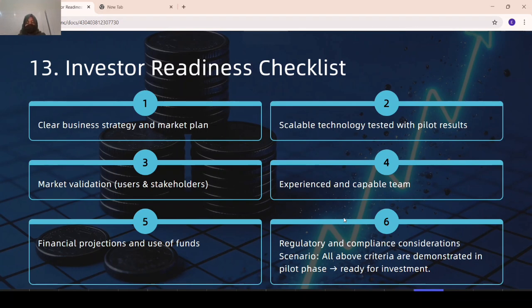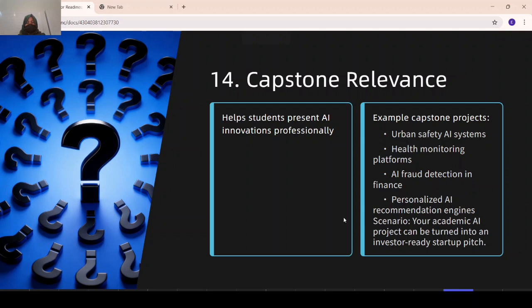For example, all of the above criteria are demonstrated in the pilot phase, ready for investment. Capstone relevance: it helps students present AI innovations professionally. Example capstone projects: urban safety AI system, health monitoring platforms, AI fraud detection. All these things will help students become more innovative professionally in AI tools and technology.